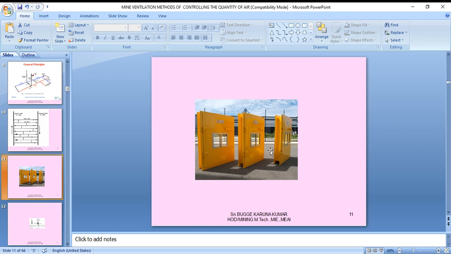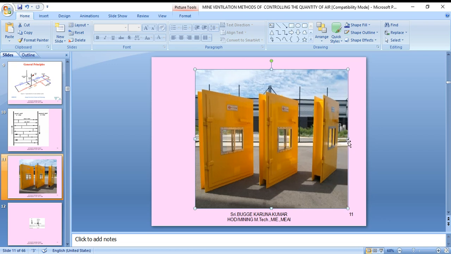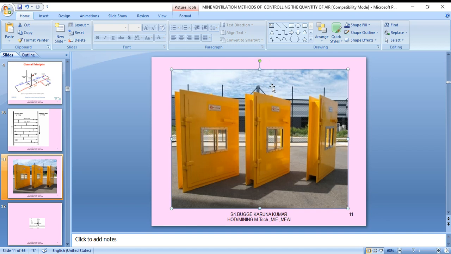Sometimes doors are used. Actually, this is the regulator. What I was showing here are the surface ones they install in the mines. So this is the regulator. These are the regulators.